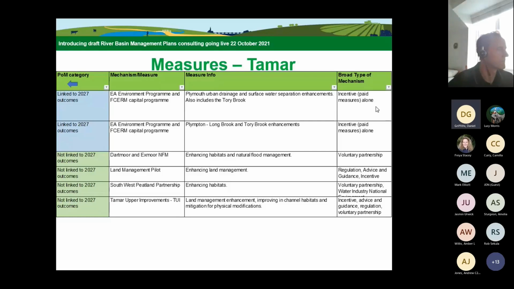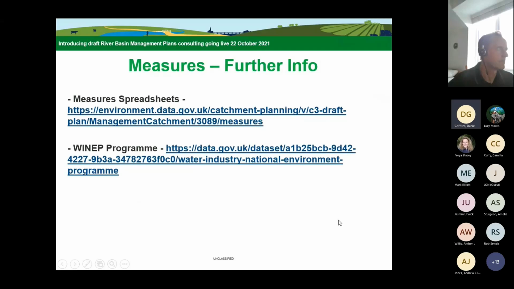Southwest Peatland Partnership, again, is up on the moors looking at habitat restoration for peatlands. And the Tamar Upper Improvements Project is focusing on a subset of water bodies at the top of the Tamar catchment, delivering river restoration and land management type outcomes up there. So that's quite closely linked to the Environment Agency focus area that's up there.